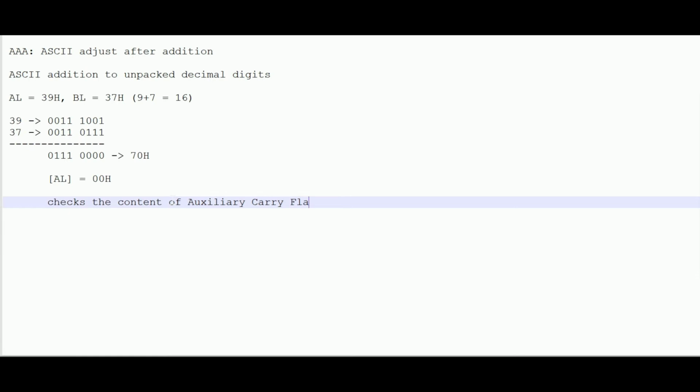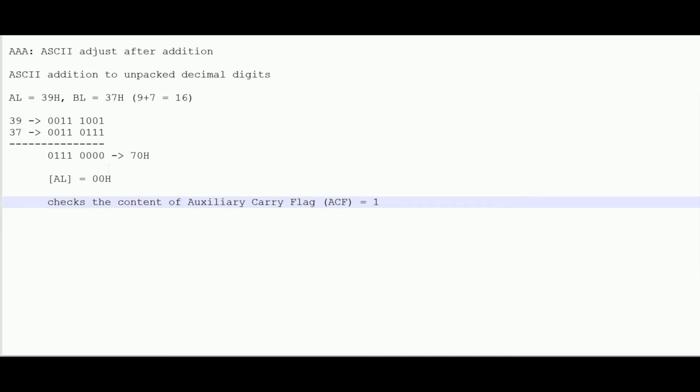If your auxiliary carry flag AF is equal to 1, then it will add 6 to the lower nibble and increment the content of AH by 1.